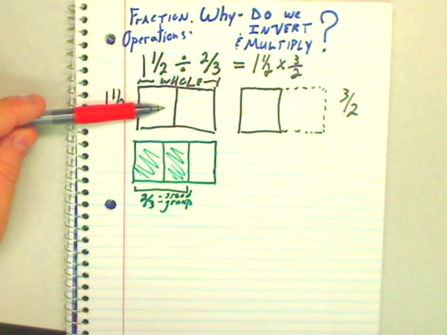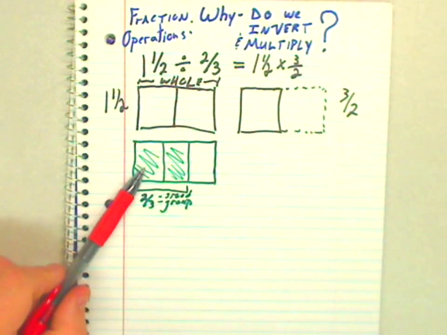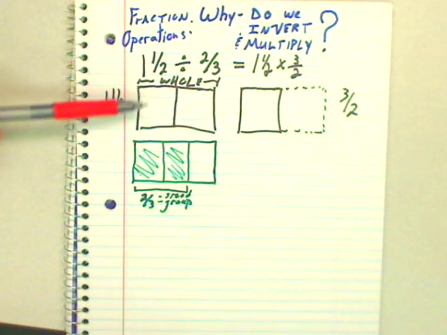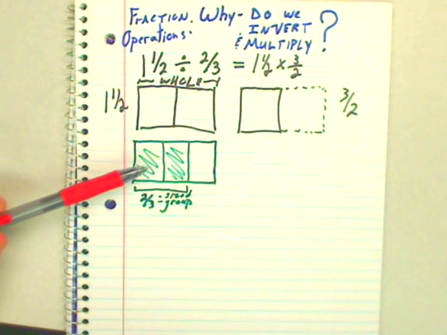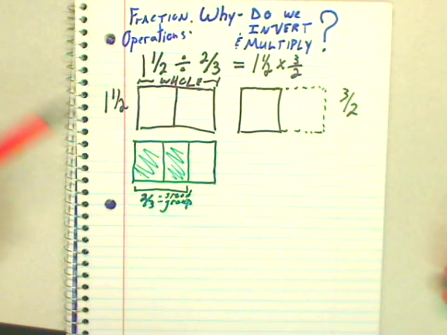So right now these are in terms of halves. These are each 1/2 in size. These 2 pieces are in terms of thirds. So they are not the same size pieces. Halves and thirds are not the same size. We need them to be the same size. In order to do that, we need to find a common partitioning, a way of cutting these pieces up so that they are the same size.